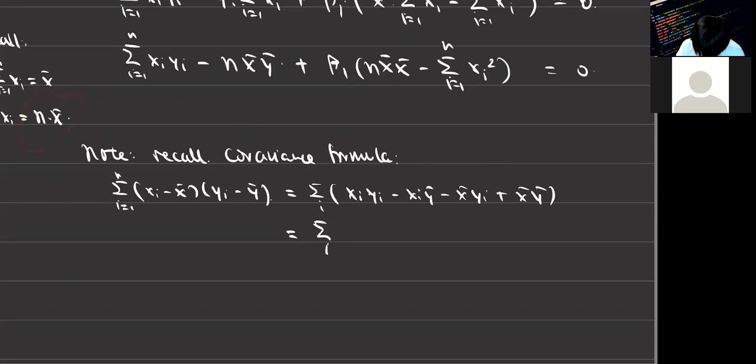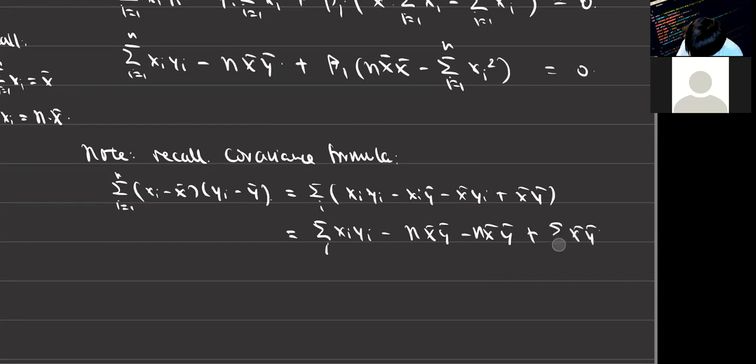So we distribute this: xi yi minus summation xi y bar, but we said that we can use a trick, so that becomes n x bar y bar. Same thing here, it's just with y, so that becomes x bar summation yi, which can be rewritten as y bar, and don't forget the n, and then obviously plus summation x bar y bar.